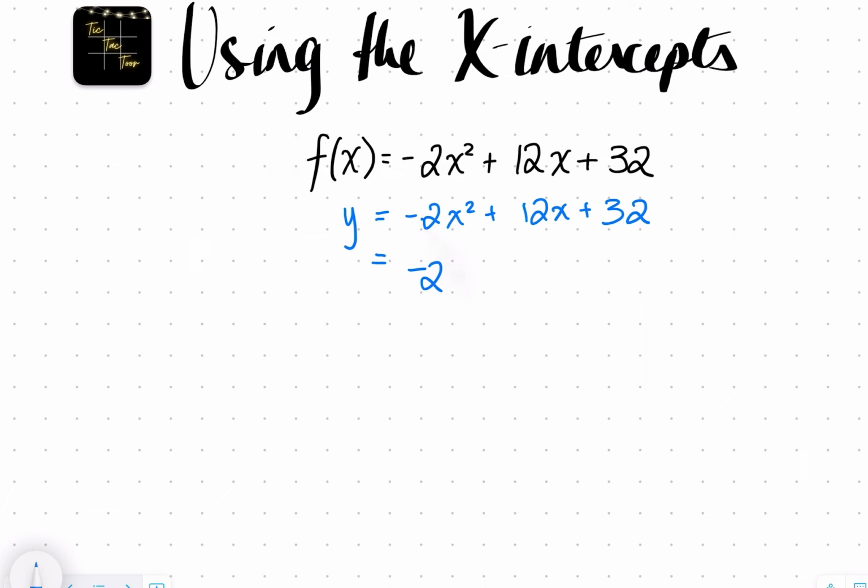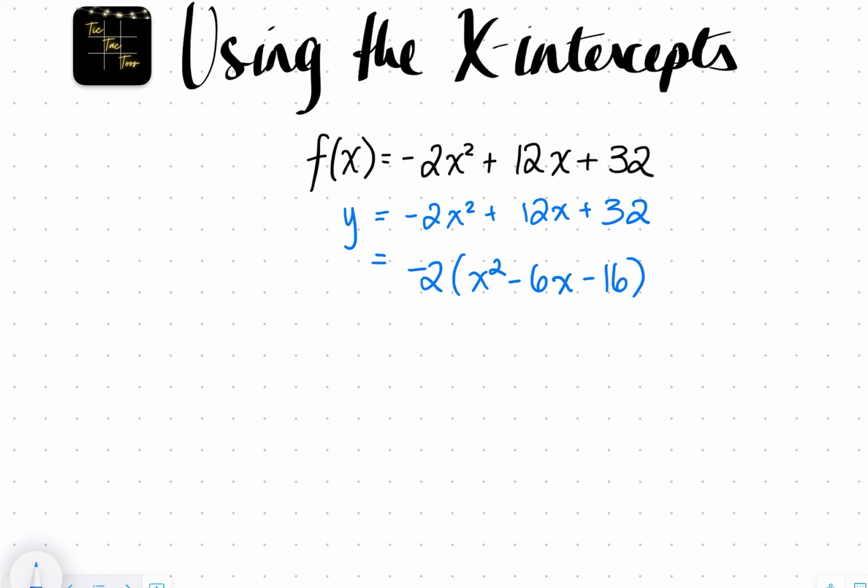So just factor out the -2 altogether because it makes it easier to deal with afterwards when you're factoring the trinomial that's left over behind. When we factor out the -2, we get 12 divided by -2 is -6, and 32 divided by -2 is -16.